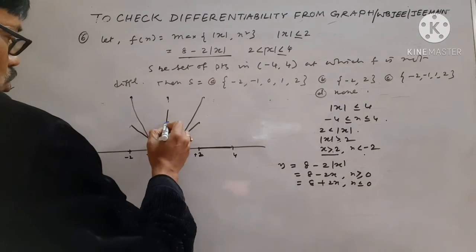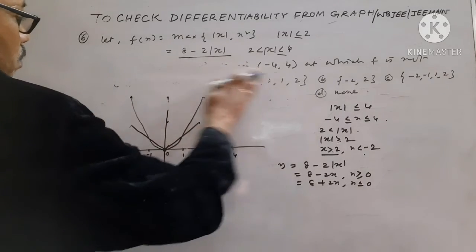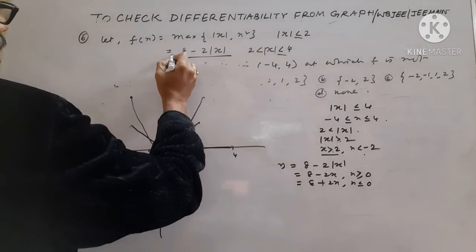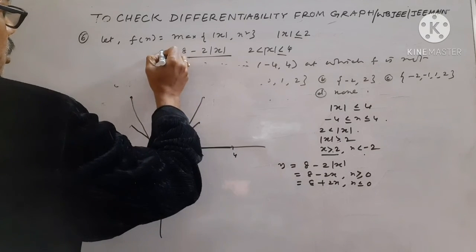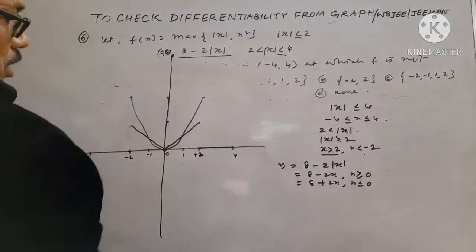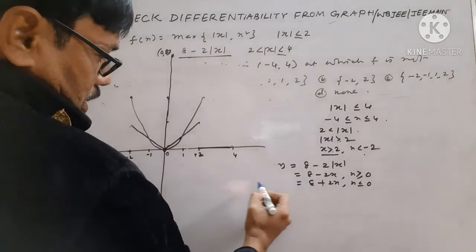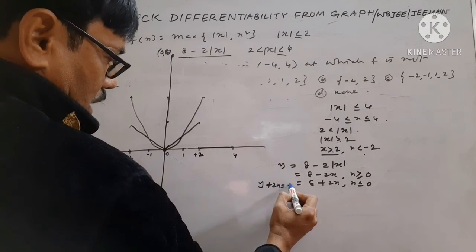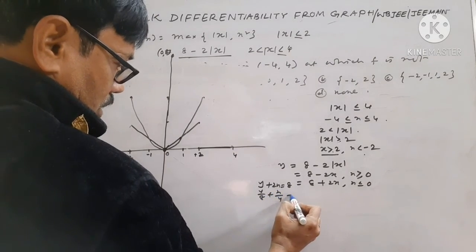So this is 2, this is 4. Now if we draw the figure, 8 will be double of it. So this is 8, the point (0, 8). So y plus 2x equals 8, that is, y by 8 plus x by 4 equals 1.